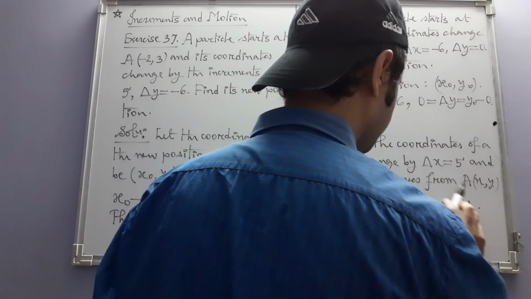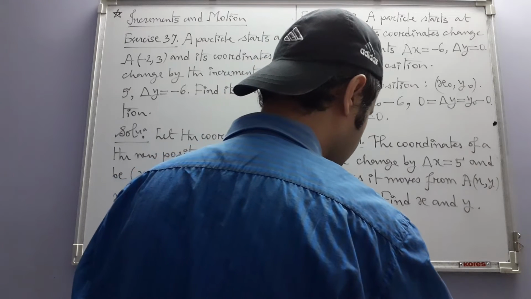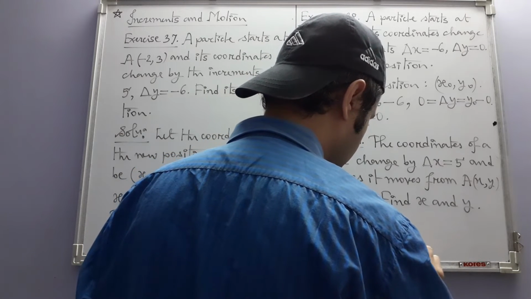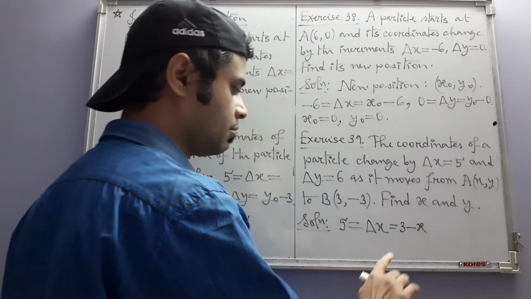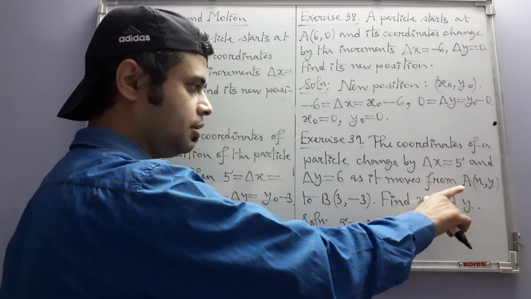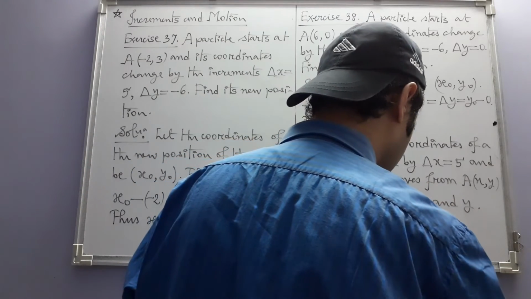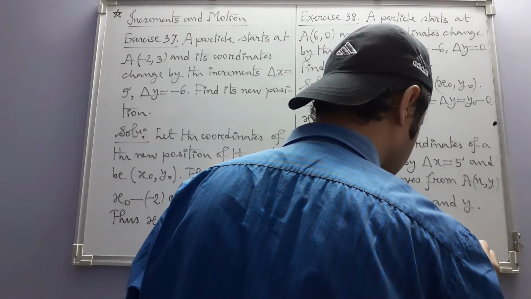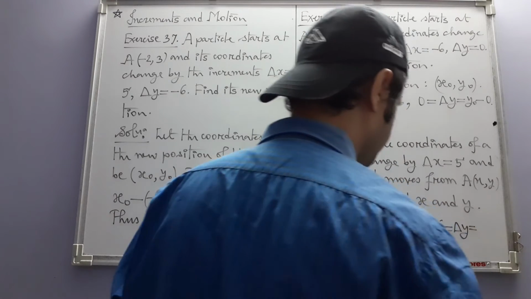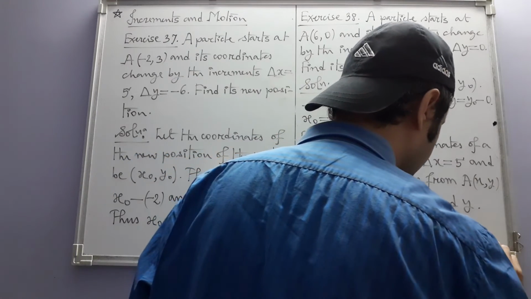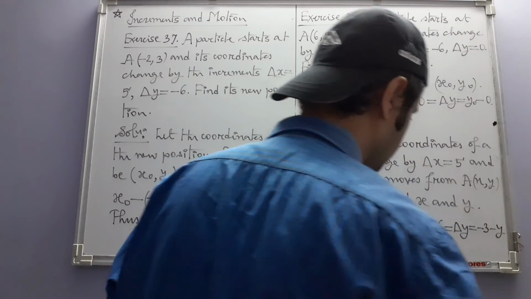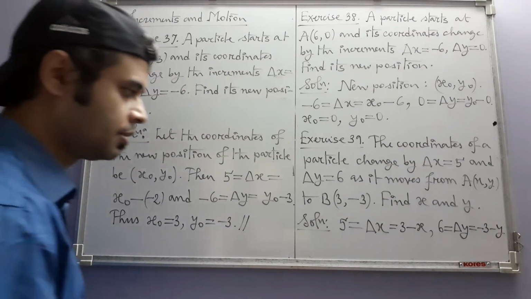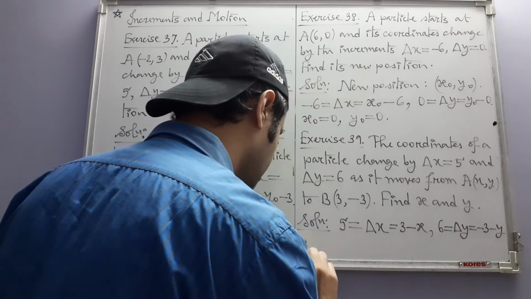So delta x by definition is 3 minus x, final x coordinate minus initial x coordinate. Like that, delta y, which is given to be 6, is minus 3 minus y.